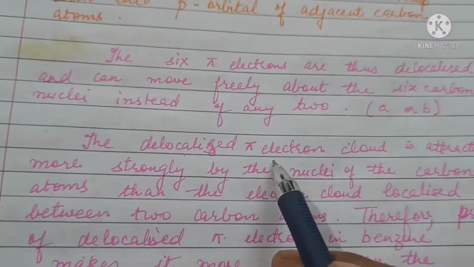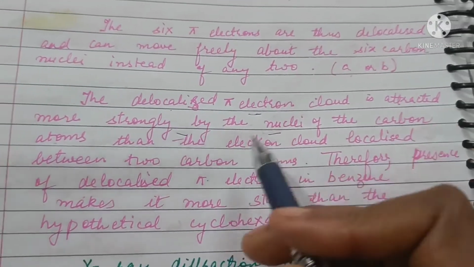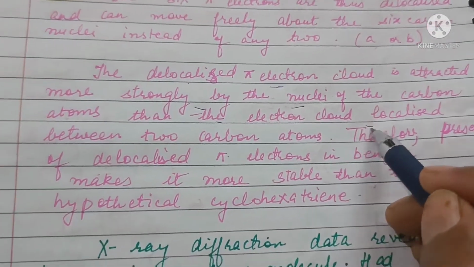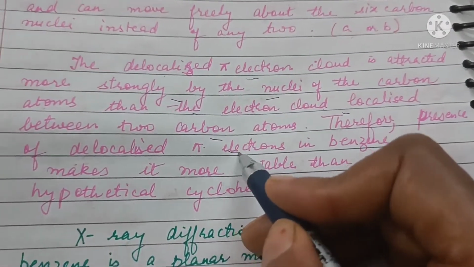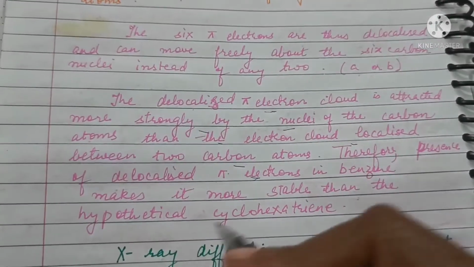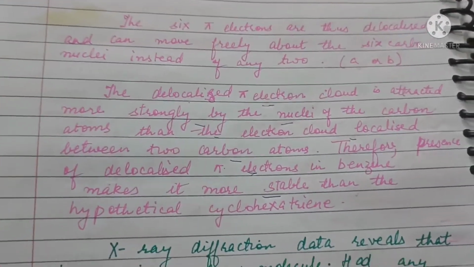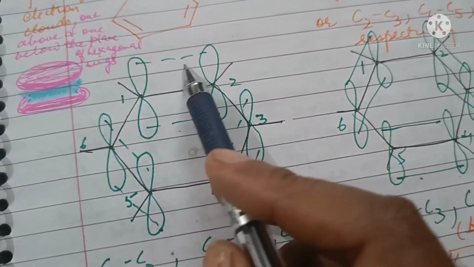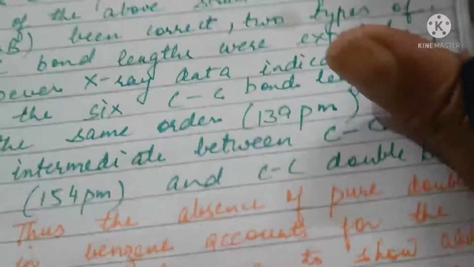In that case, the delocalized pi electron cloud is attracted more strongly by the nuclei of the carbon atoms than the electron cloud localized between 2 carbon atoms, and therefore the presence of delocalized pi electrons in benzene, moving on all the 6 carbon atoms, will make it more stable than the hypothetical structure where the pi electron cloud is moving only between 2 carbon atoms.